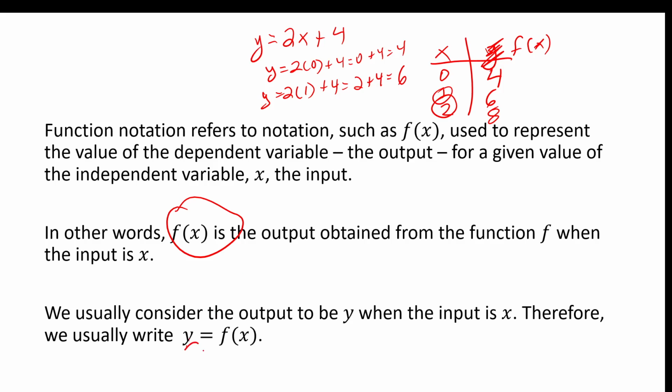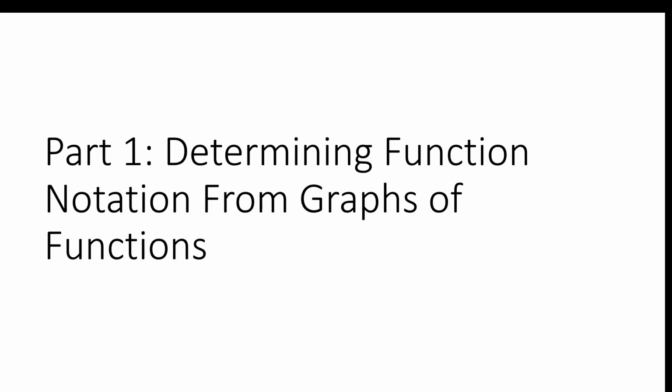So it's kind of a roundabout way of getting to the same place. But it's important to remember that in this context, that is not multiplication. It's not f times x. F is not a variable. Rather, it's something describing an entire function operating on an independent variable.